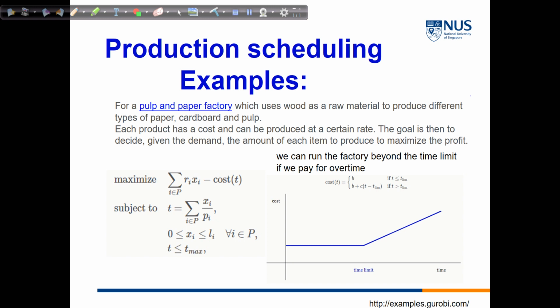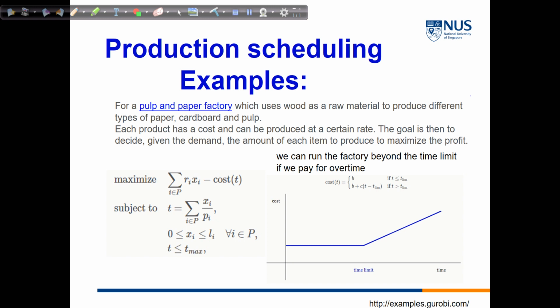It's just one total cost of B for the machine time. But when you have an overtime requirement, for example if you need to run the factory more than 10 hours per day, you need to pay an additional cost for the additional time you spend. All right, so that's the problem statement.